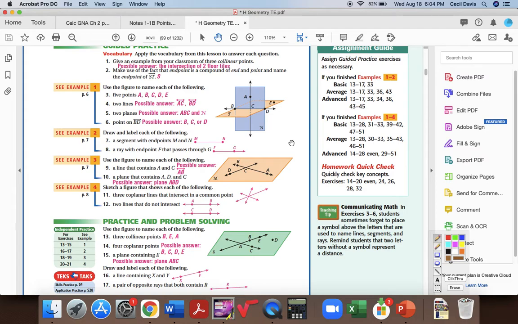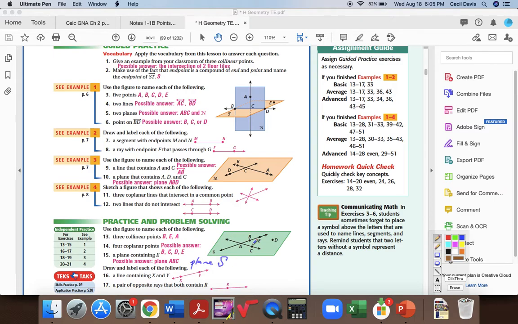Number 15, a plane containing point E. You could call it plane ABC, which is what they did. The easiest thing, I think, is to call it plane S. You do have to kind of figure out how to do a script S. Make it fancy somehow.